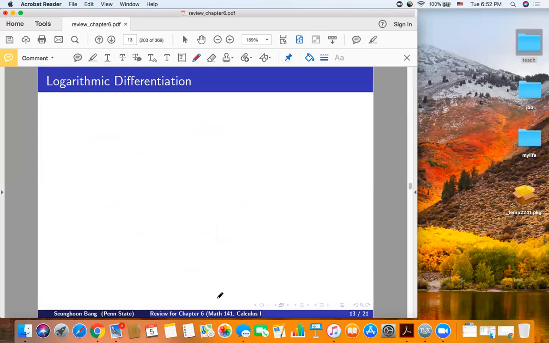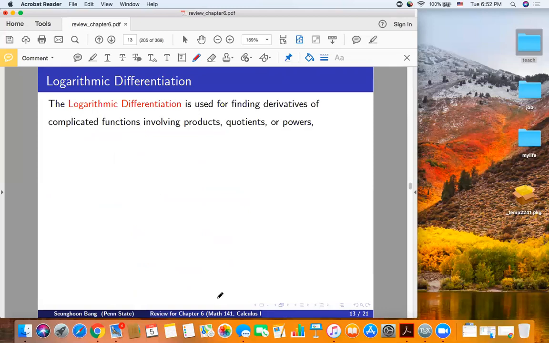The next one, we think about logarithmic differentiation. Logarithmic differentiation is used for finding derivatives of complicated functions involving products, quotients, or powers, or f of x equals g of x to the h of x.